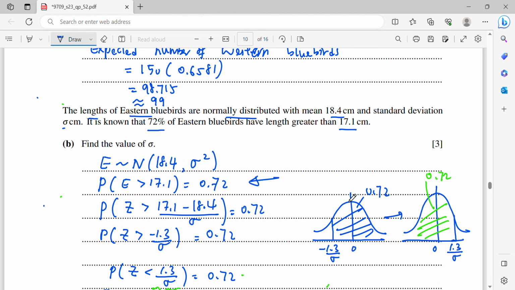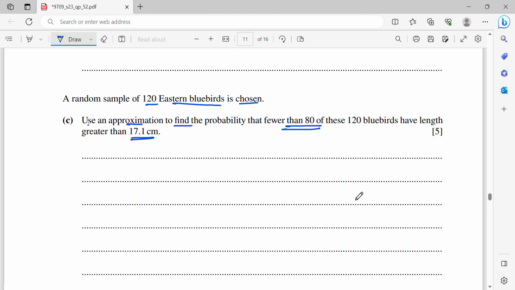So probability E greater than 17.1 is 0.72. This is basically at first binomial because 120 birds. So from here I will write p equals 0.72, and n is 120. From here it mentions approximation. So now I have to decide what kind of approximation is suitable for this question.